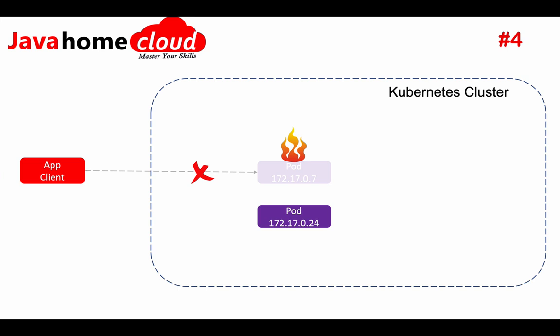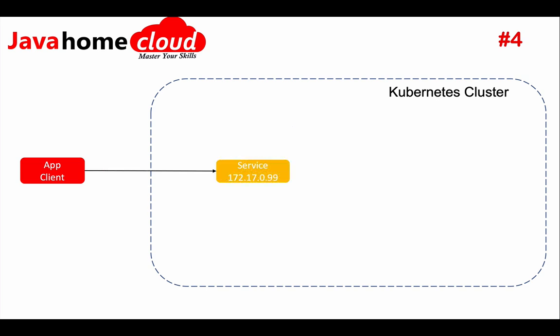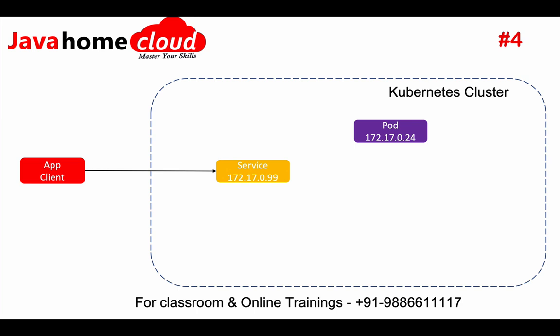The solution to this problem is to have a service in place. The clients are exposed with a service object and the service routes traffic to the pod. In a Kubernetes cluster, pods can be terminated at any point of time and replaced with new ones on the same node or a different node depending on the scheduling algorithm.